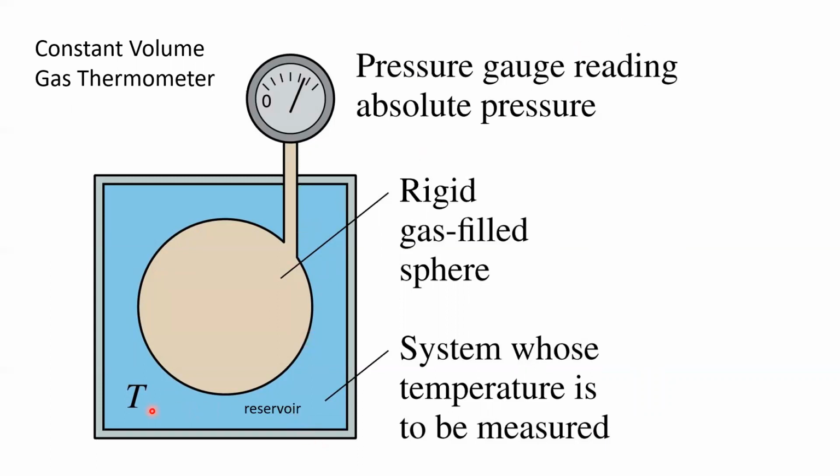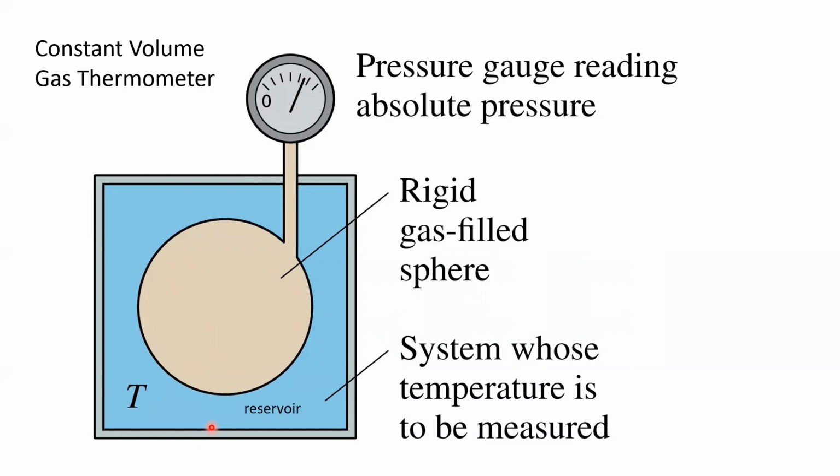But if this quantity of fluid on the outside is much greater in mass, let's say, than the constant volume gas thermometer, then its temperature will change very little, and it's the quantity of gas that will eventually meet the temperature of the so-called reservoir. So the idea is this is large enough that its temperature is unchanged. This is the one whose temperature does the changing. So that's often called a temperature reservoir.